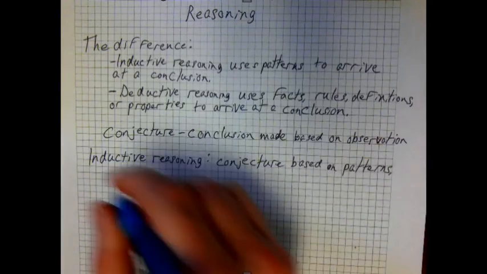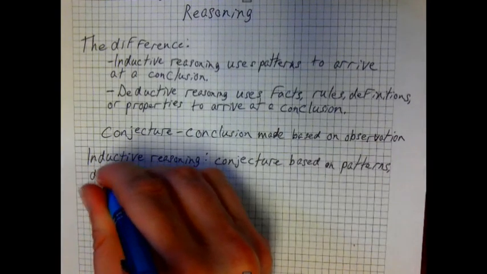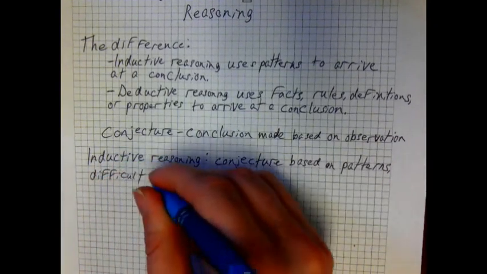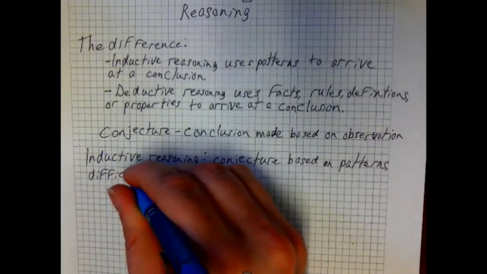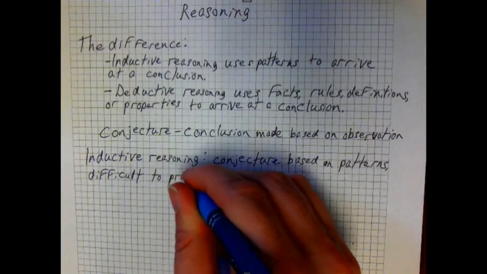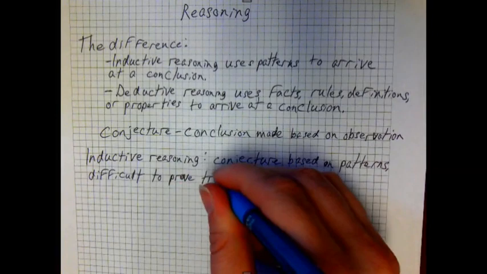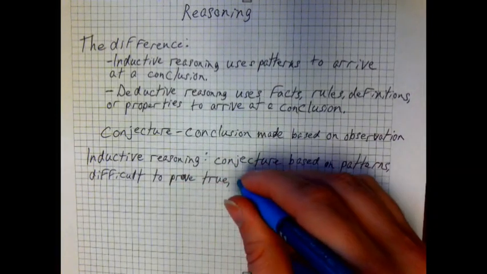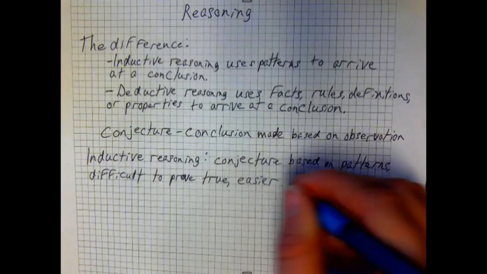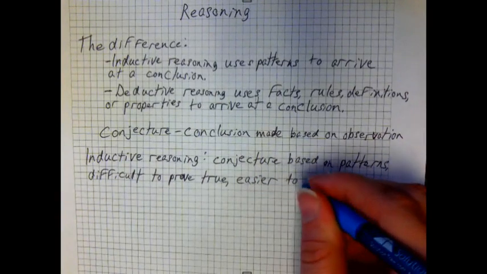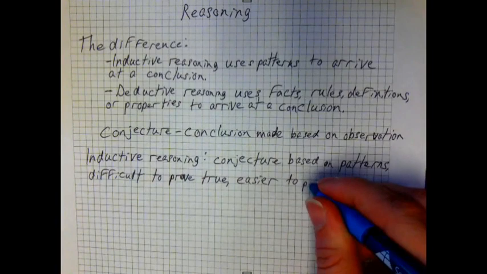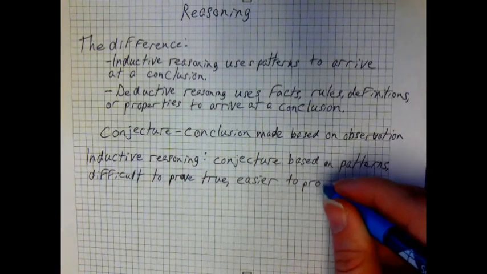And this makes it difficult to prove true because you're just observing a pattern and you have to be able to tell whether there's anything that breaks the pattern or not, and sometimes there's a lot of possibilities. But it is easier to prove false. If you can find one counterexample to the pattern, then that means that your conjecture is false.